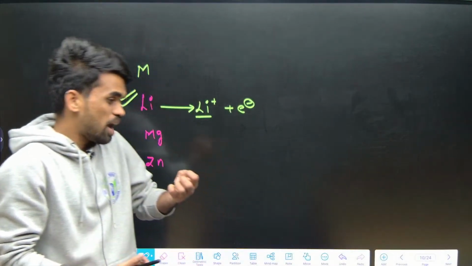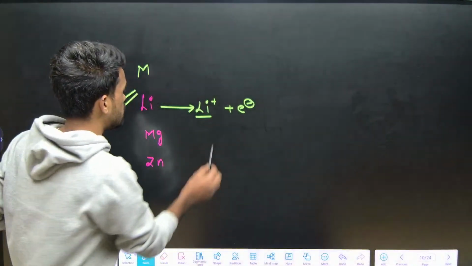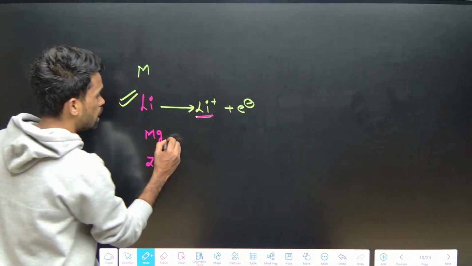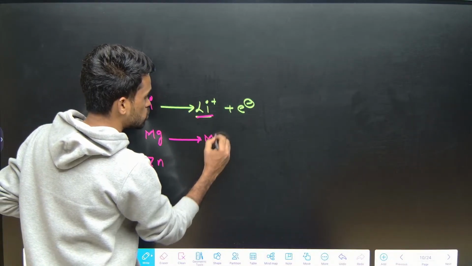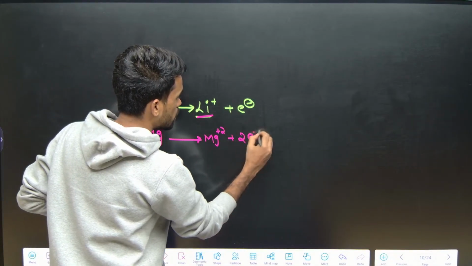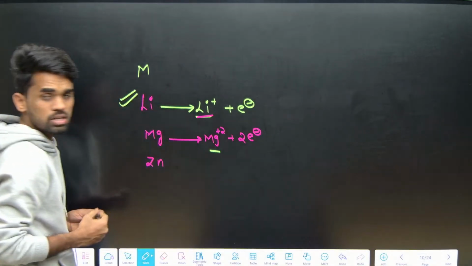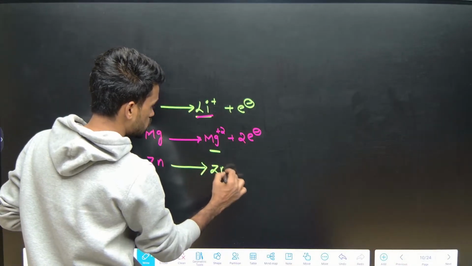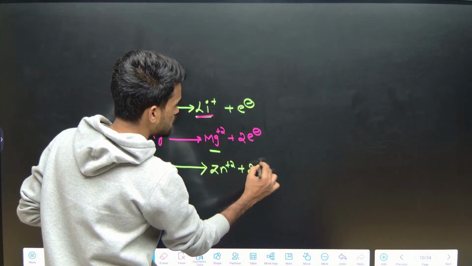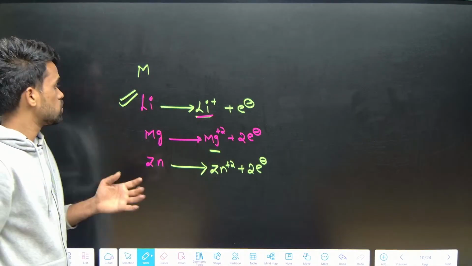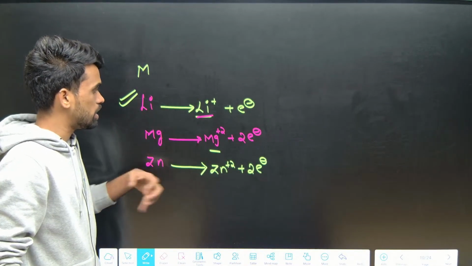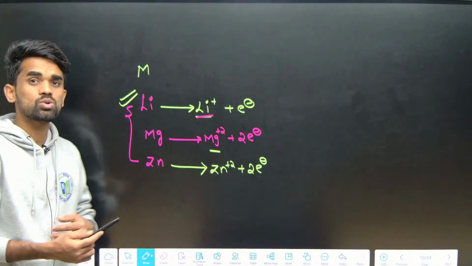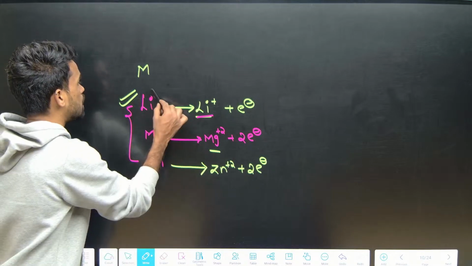It means they have more tendency to release electrons and they exist in unipositive or their positive forms, like here it is unipositive, and in this case magnesium plus 2 electrons, okay. So now it is losing 2 electrons, so it is also existing in a positive state, electropositive state. Here also zinc plus 2 and 2 electrons. Like this, metals are electropositive and have the tendency to lose electrons. But out of these 3 metals, which has more tendency to lose electrons? Always remember alkali metals, okay.